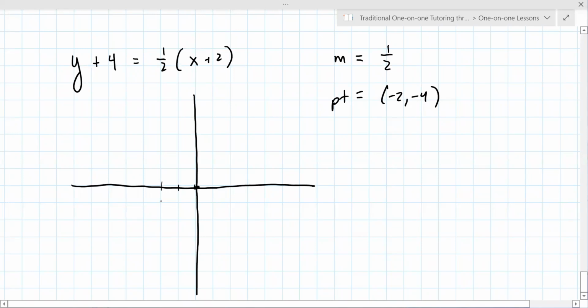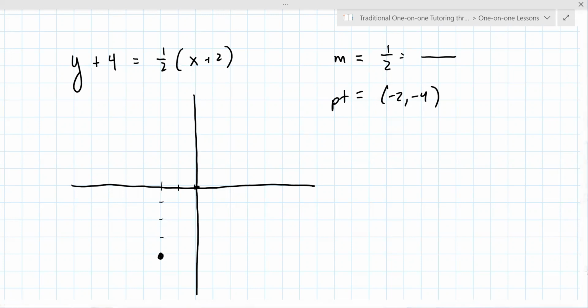You're going left 2 and then down 4. Yes, left 2 and then down 4. How did you get left 2 and right 4?